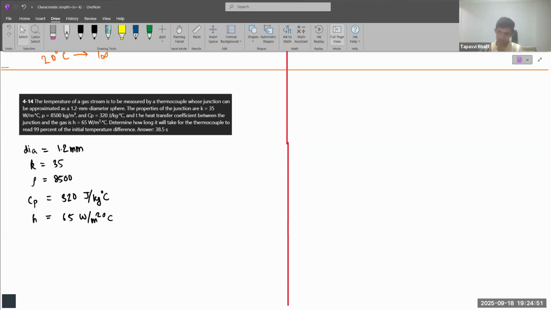One big issue with the lumped capacity system models is that right now we know we are discussing the lumped capacity model, so we directly think about first calculating the Biot number and checking whether the lumped capacity model is applicable to the system or not. But in the question paper, the question won't say that you have to apply the lumped capacity model here.